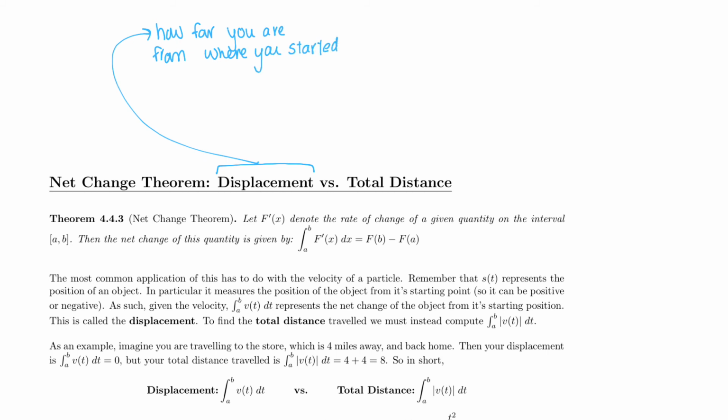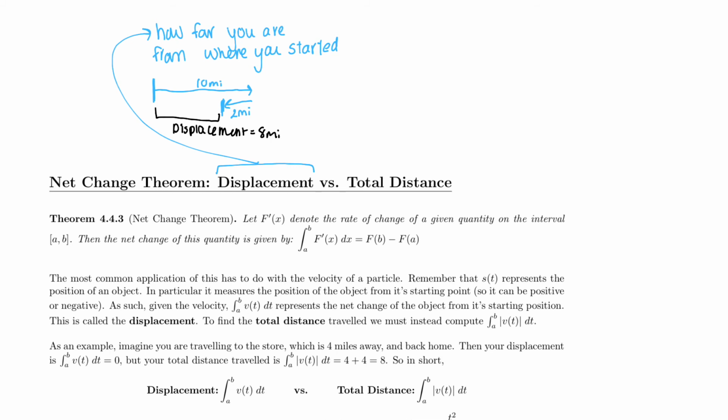So if I started right here, and let's say I walked like 10 miles, but then I turned around and walked back 2 miles, and I stopped here, my displacement is the distance between where I started and where I stopped. So 8 miles. I'm 8 miles away from home.